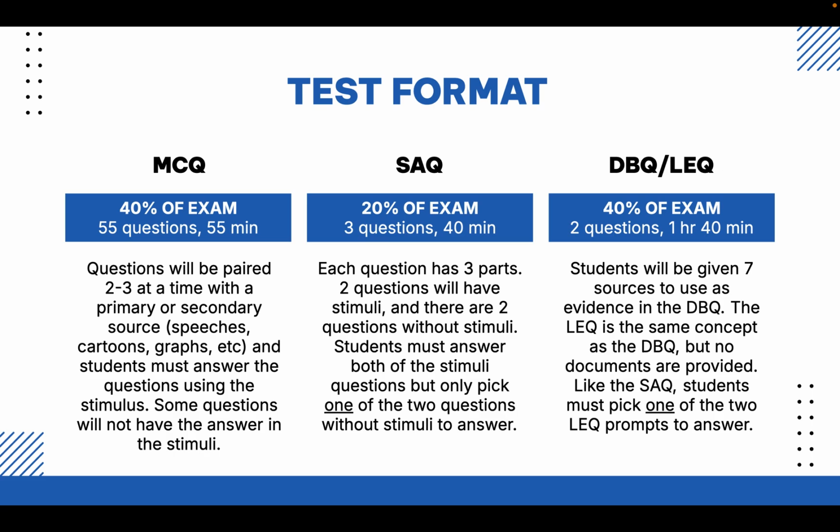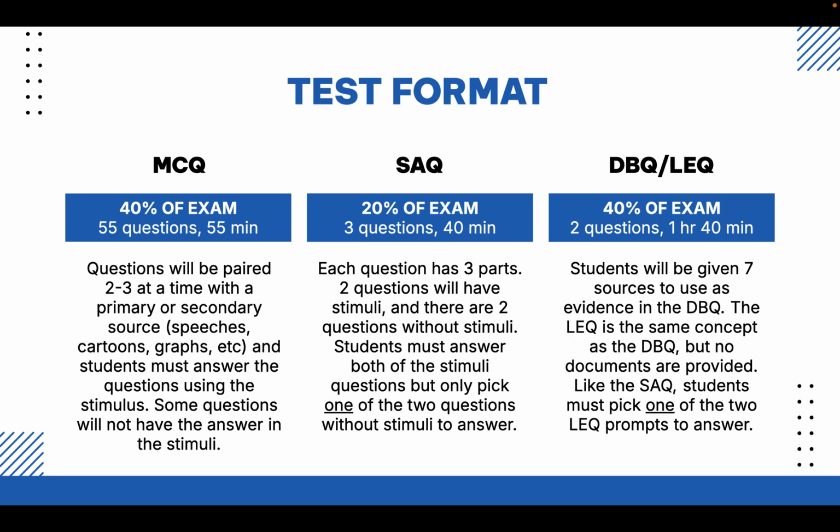In the last question, you must use 100% of your brain power because there is no stimulus provided. There are 2 questions like this, but you have to pick one of the 2 to answer. Answering both has no benefit to you because the AP graders will only grade one of the 2 questions if you do decide to answer both, and it will just simply waste your time because you only have 40 minutes to answer all these questions anyway.